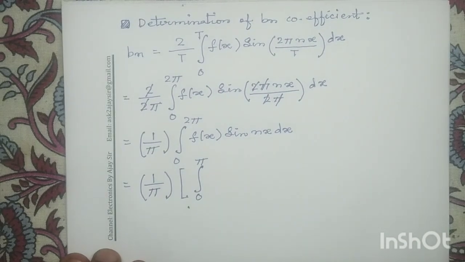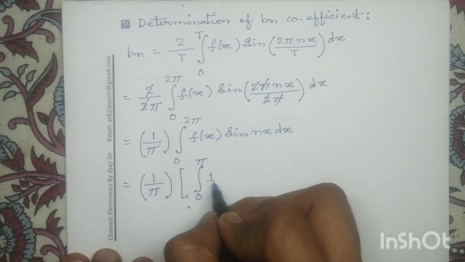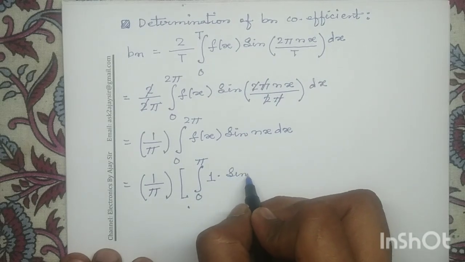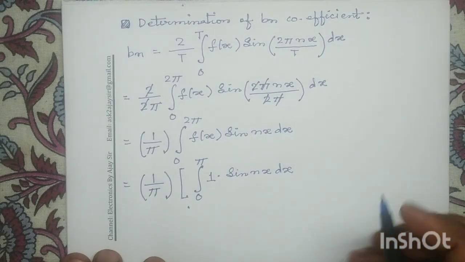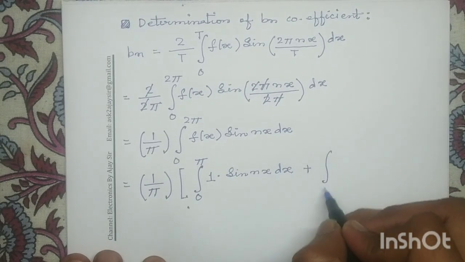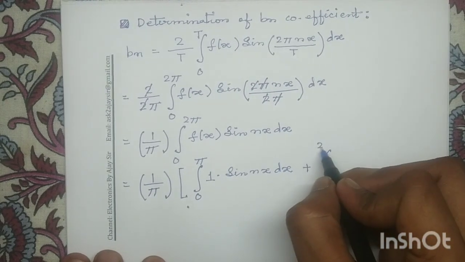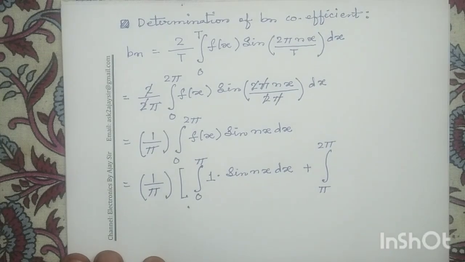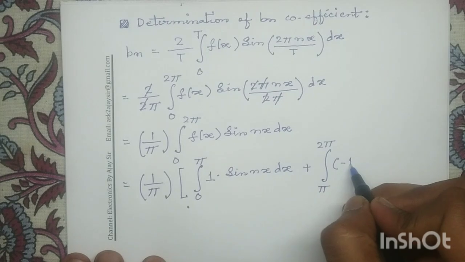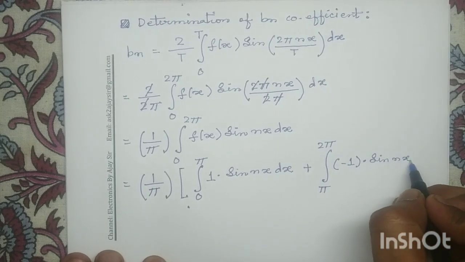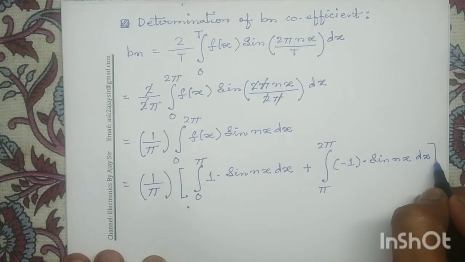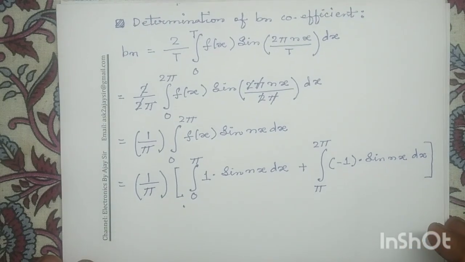For 0 to pi, f of x is equal to 1. So here I will write 1 into sine nx dx plus integration from pi to 2 pi. For pi to 2 pi, f of x is equal to minus 1. So I will write here minus 1 into sine nx into dx.